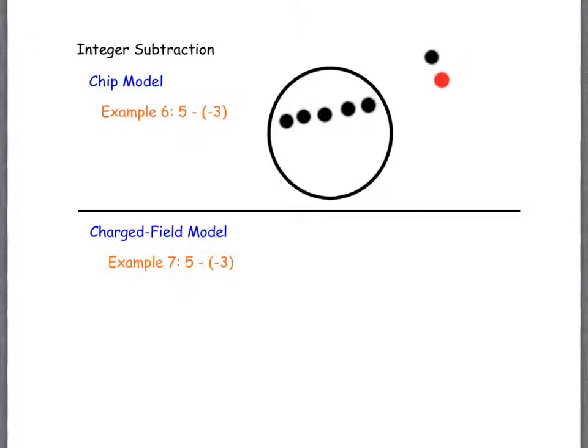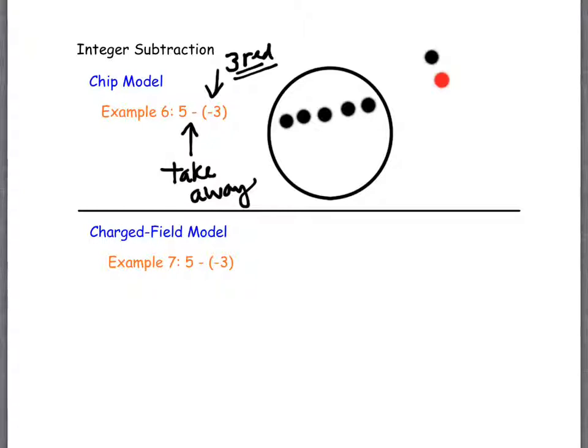Here's the problem. When we're modeling this, this subtraction sign right here means to take something away. The problem is that I do not have 3 negatives to take away. So this is saying take away 3 red. There aren't 3 reds. Somehow I've got to have 3 red to take away.